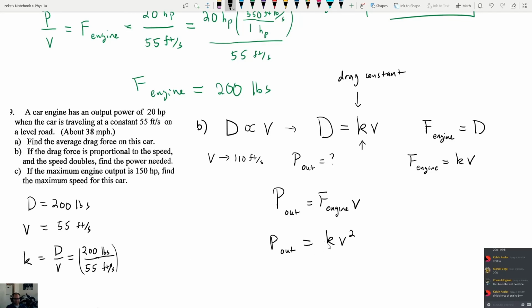So let's plug that into this equation. So K is 200 pounds divided by 55 feet per second. We multiply by our velocity squared. The velocity doubled, so it's now 110.